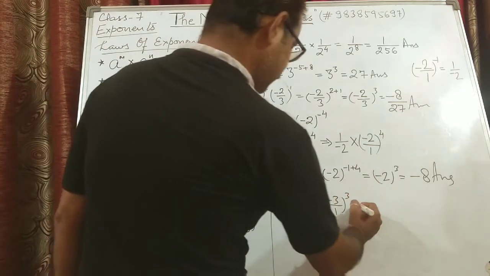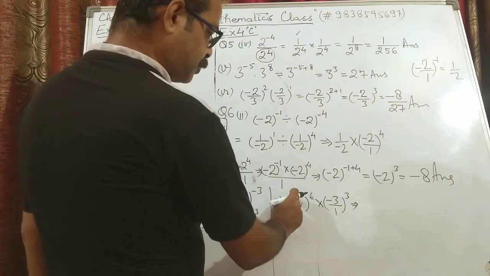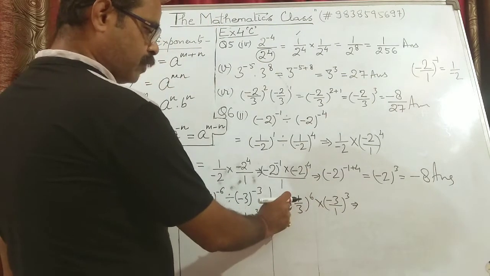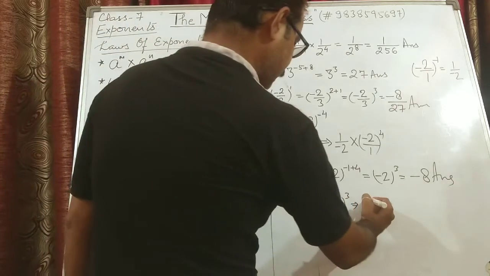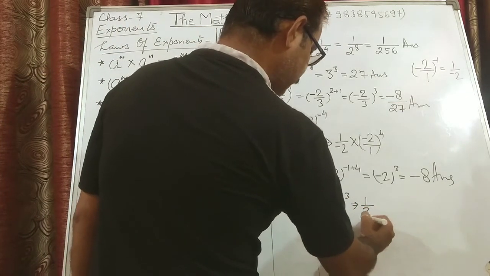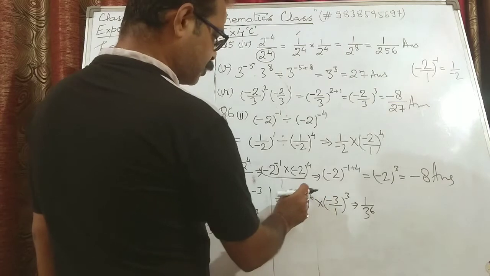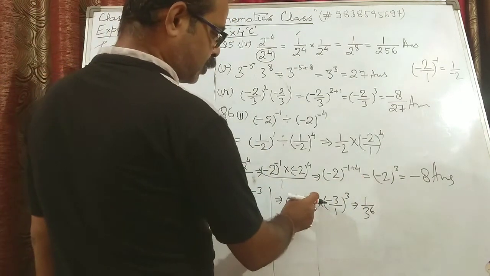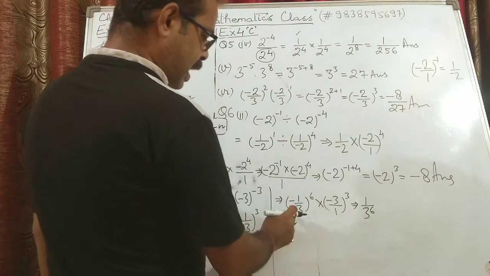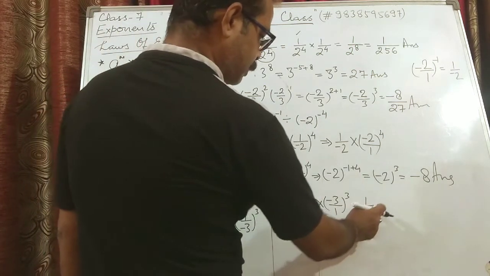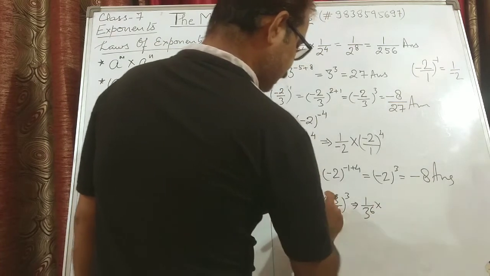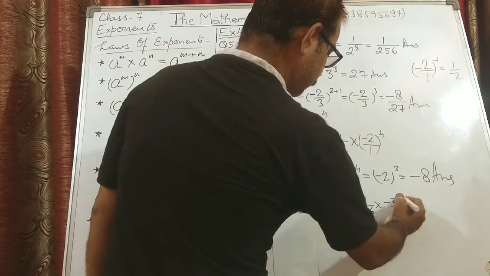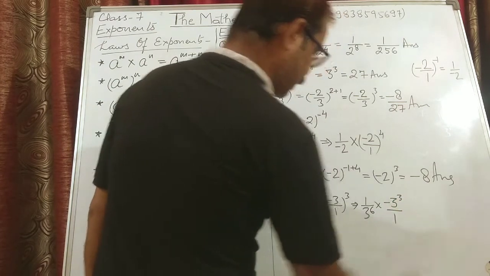So it means that minus 1 to the power 6, 6 is an even number. So the final value of negative will be positive. So it will be 1 upon 3 to the power 6. Minus 1 to the power 6 will be 1 into 1 into 1 will be 1, and the sign will be positive because 6 is an even number, and here we will have 3 to the power 6 into, this is minus and an odd number, so a negative number will come, 3 to the power 3 upon 1.